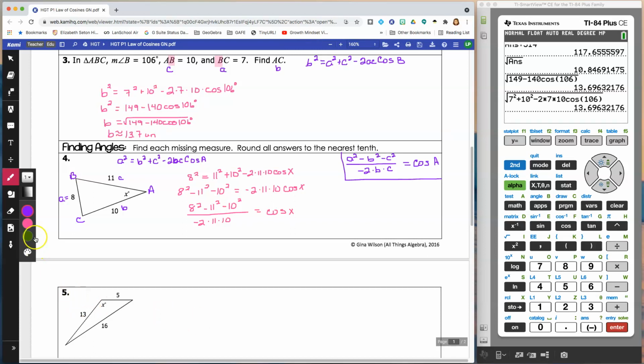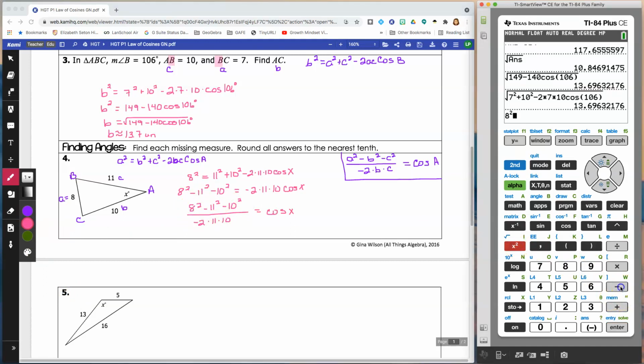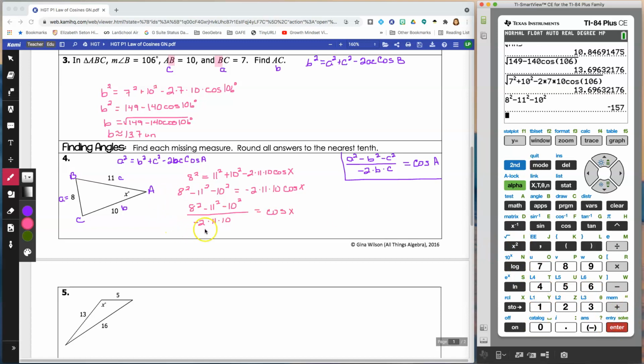Okay, so let's go back to the problem. We need to simplify. So I'm going to go on my calculator and I'm going to simplify 8 squared minus 11 squared minus 10 squared. Okay. So this gives me negative 157.